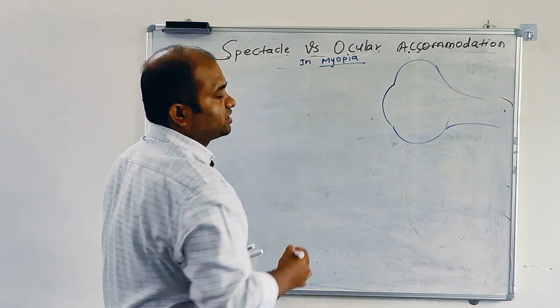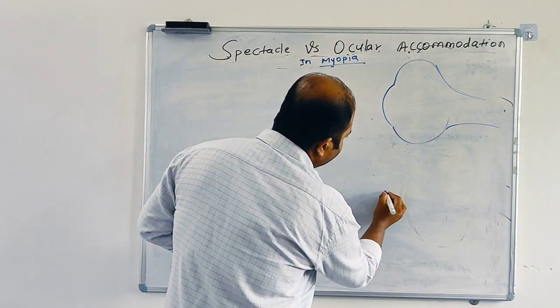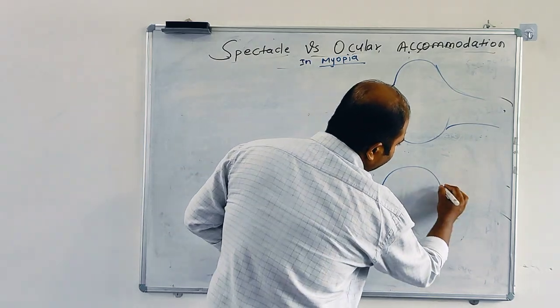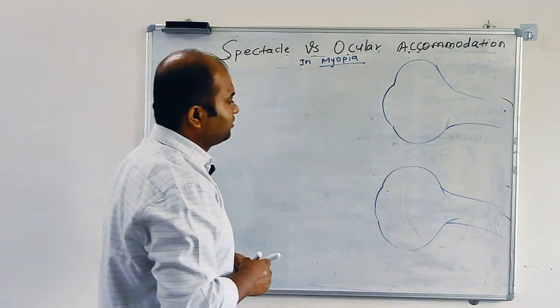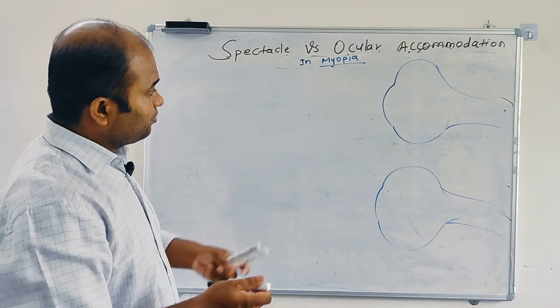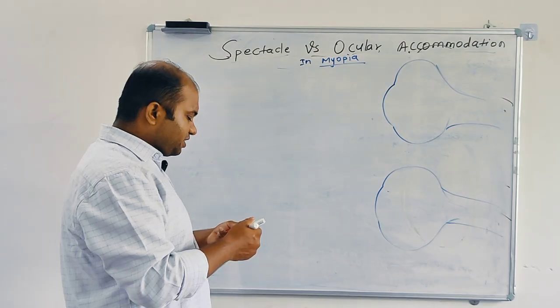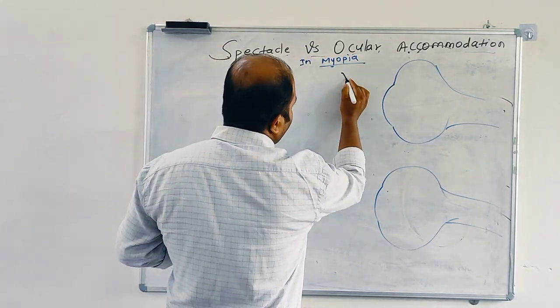This eye is focused for distance, and here also we are going to see the eye which is focused for a near object, and both are myopic eyes, but this myopia is corrected with glasses now.